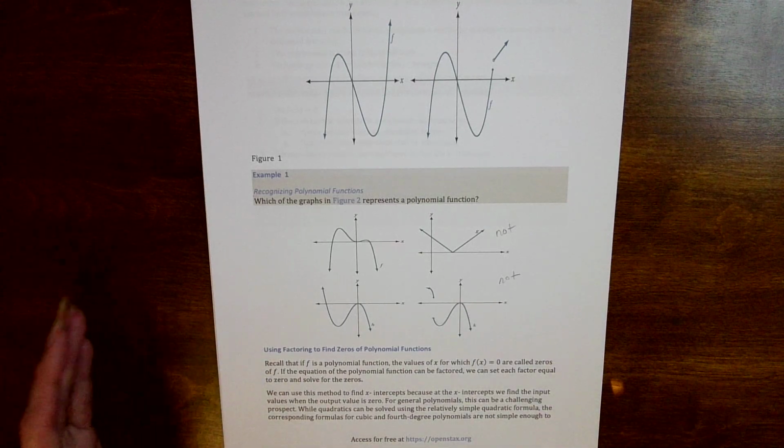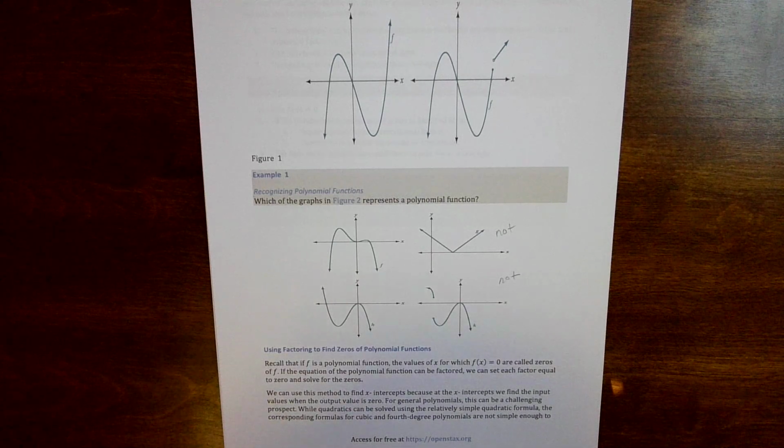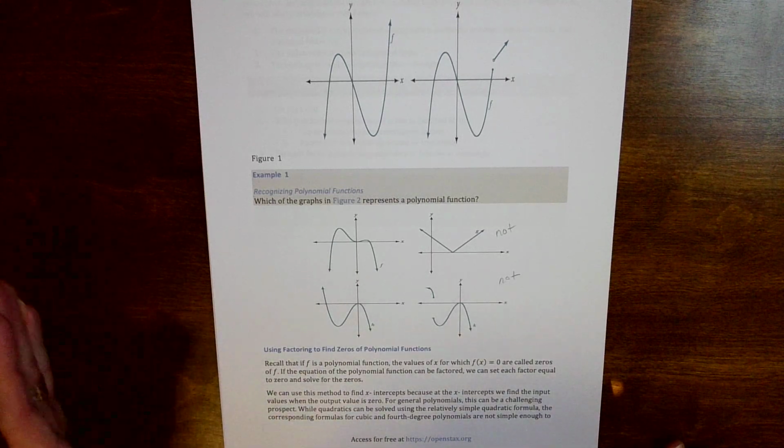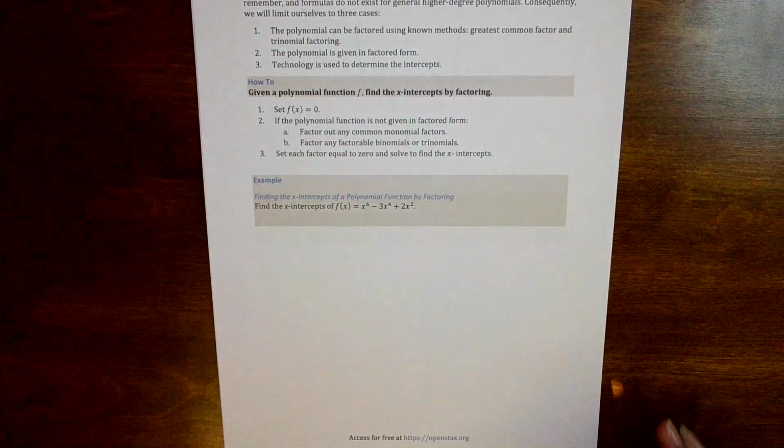Okay. Recall that if f is a polynomial function, the values of x for which f of x is equal to 0 are called zeros of f, or also intercepts. If the equation of the polynomial function can be factored, we can set each factor equal to 0 and solve for the zeros.